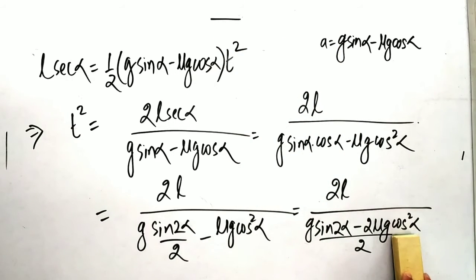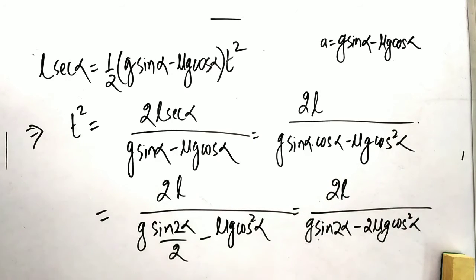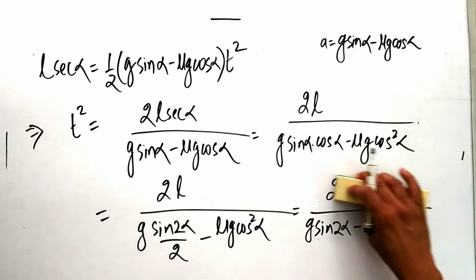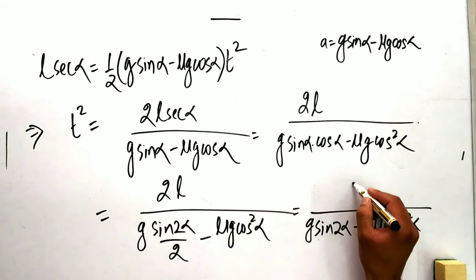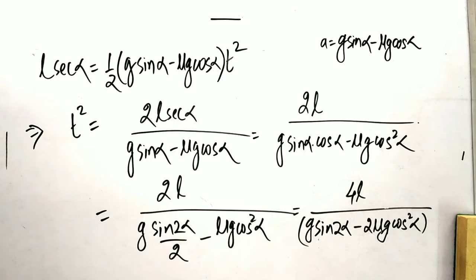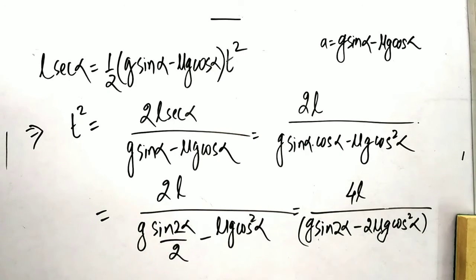This 2 here can be taken up in the numerator and multiplied with 2L, which will give us 4L. Now we have got the expression of t in terms of alpha.